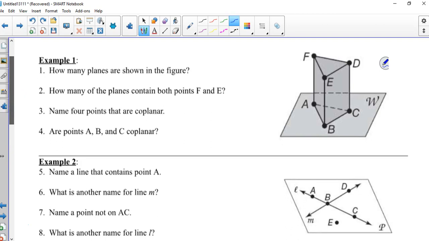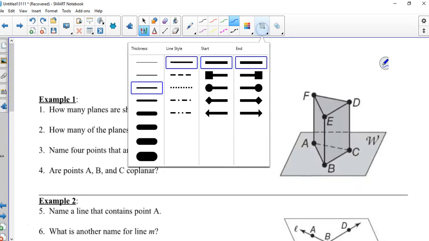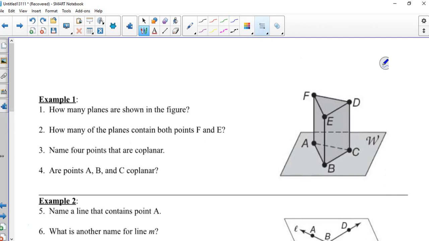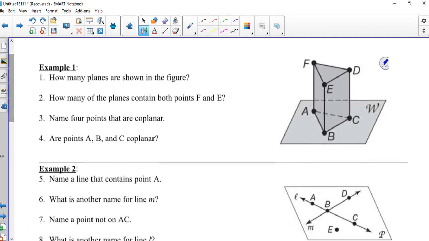How many planes are shown in the figure? Well, we have the resting plane. That's one. We have this part of the prism.